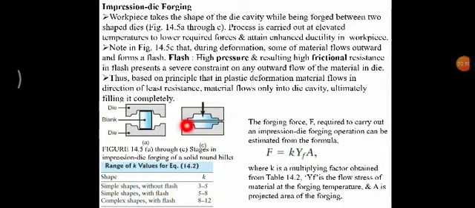In the impression die forging, there is a particular design, like some length of surface here, this one and this one. The workpiece metal will flow outside, and when it is flowing outside, it will get resisted by this surface and this surface.